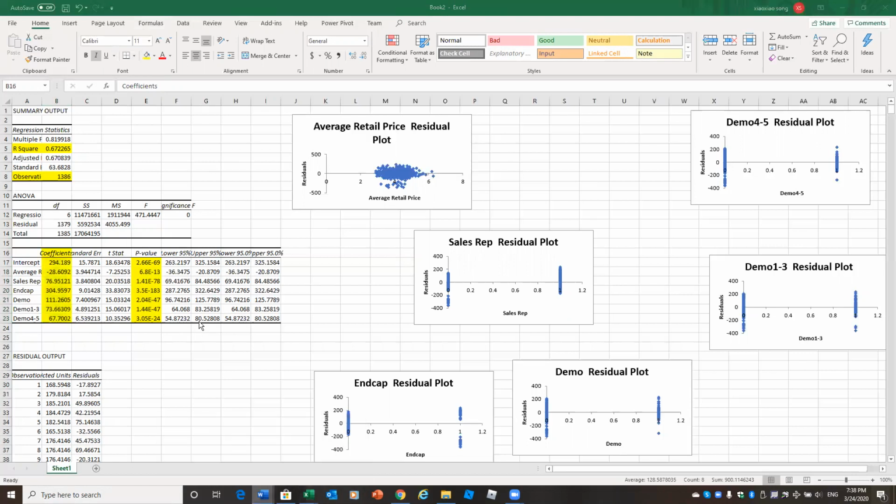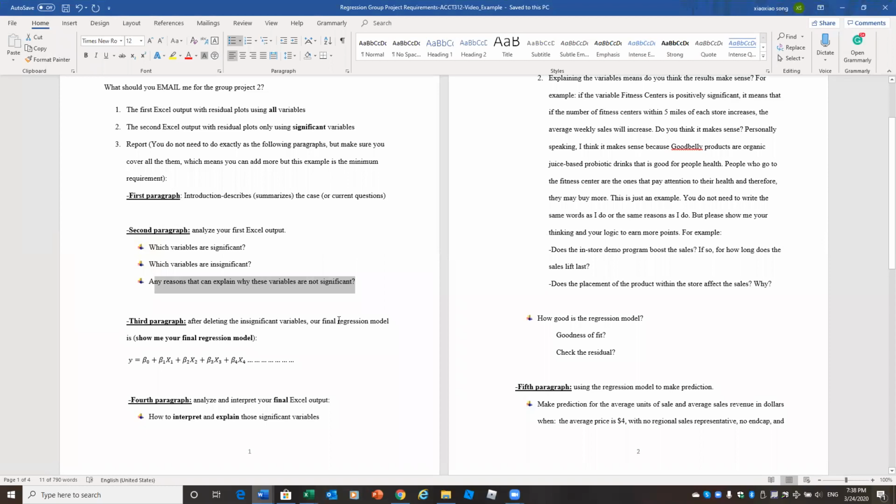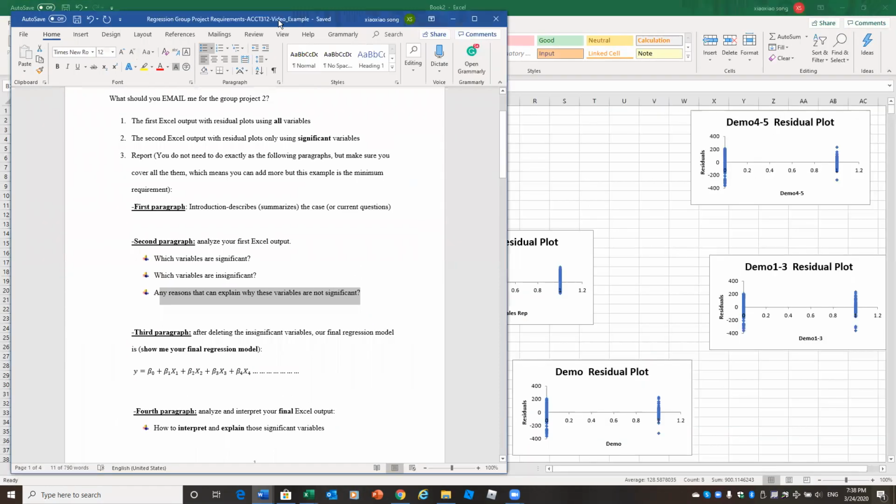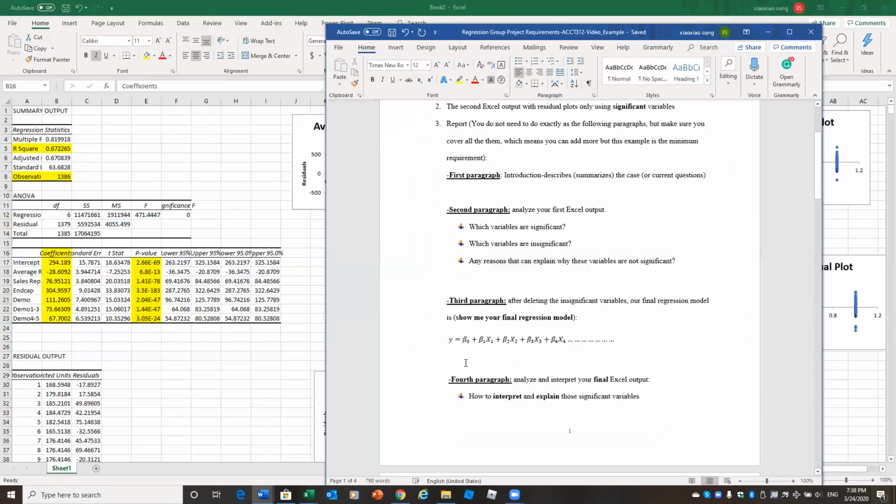What I want you to do is write the final regression model. So I just write it here. Since we are talking about sales, instead of putting y, you just say this is our predicted sales volume. Sales volume is beta zero, the constant intercept, which is 294.